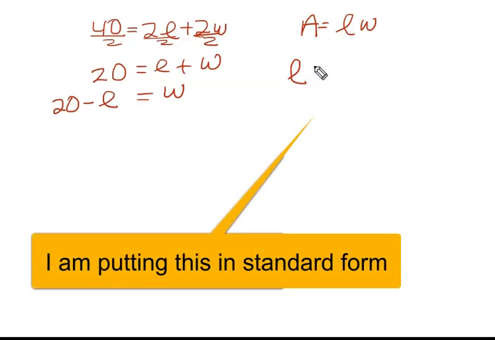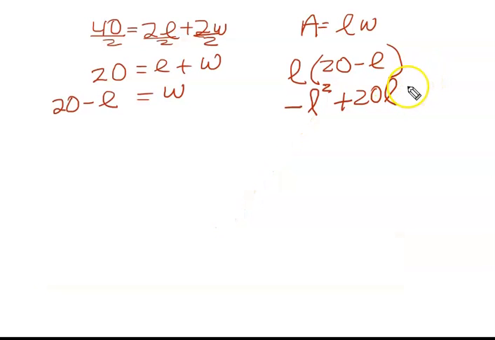L times 20 minus L. And that's going to be a negative L squared plus 20L equals 0.